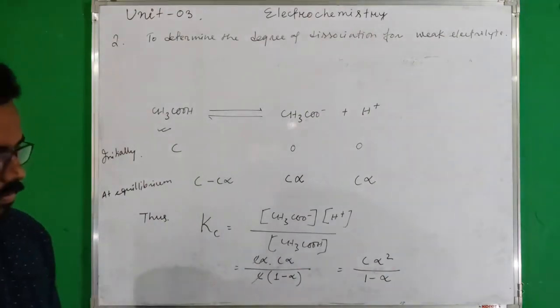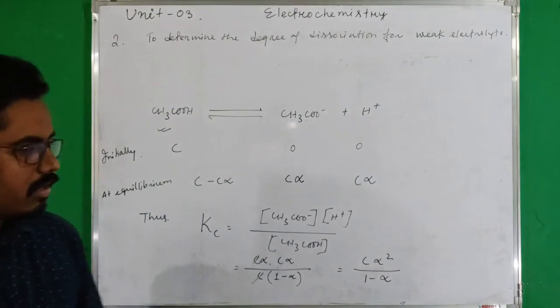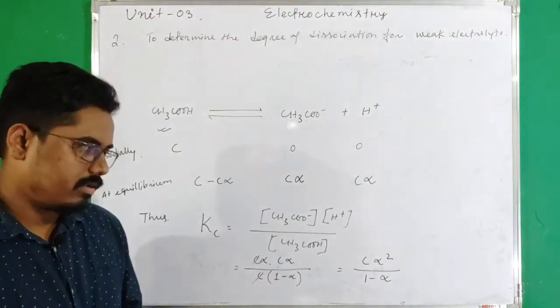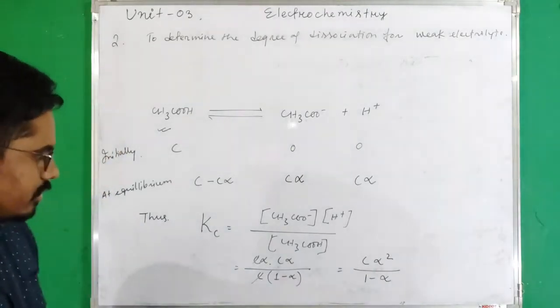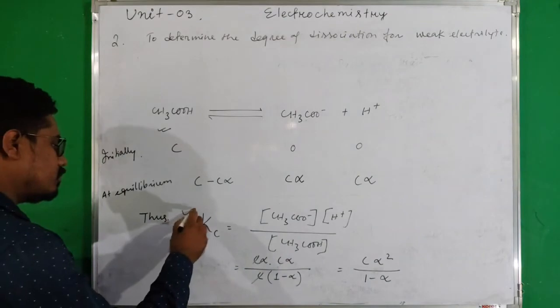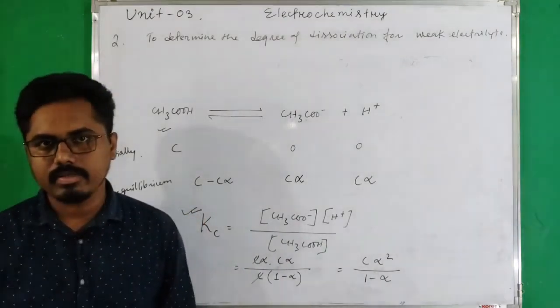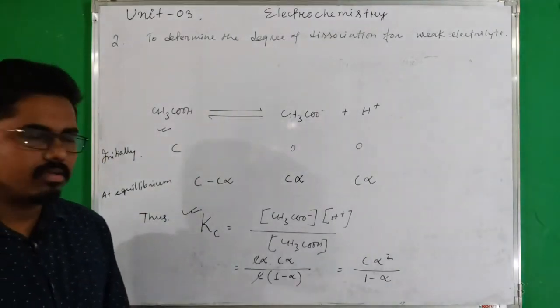So when we determine the value of α, that means the degree of dissociation, from Kohlrausch law, and when we have the initial concentration of the electrolyte, then we can also determine the dissociation constant of the weak electrolyte. So we have studied two applications of Kohlrausch law.